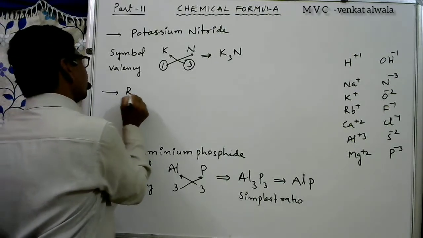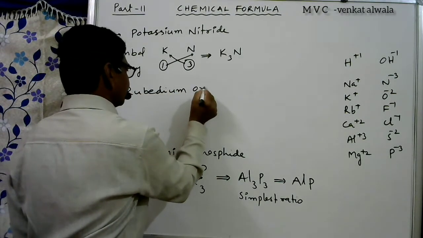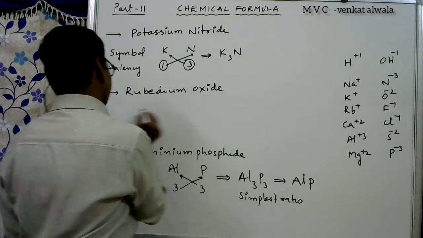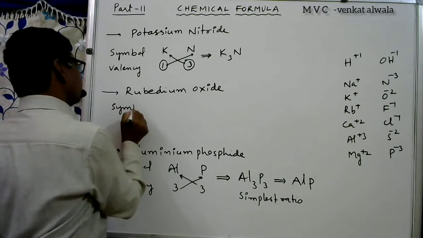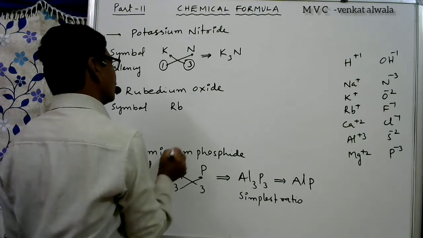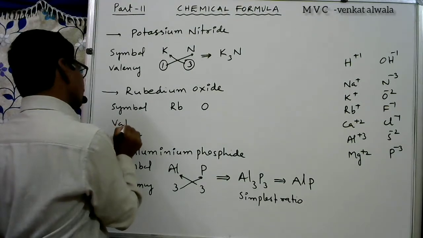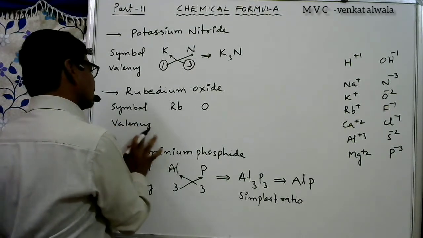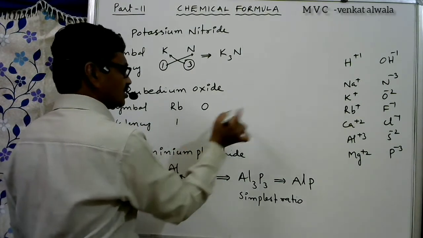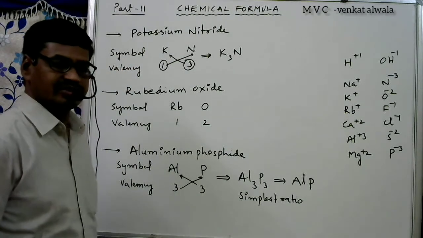Then rubidium oxide, if you take. Here I am taking rubidium oxide. Symbol for rubidium is Rb. It is a first group element, and oxide means oxygen. So valency of these two: valency of rubidium is 1, valency of oxygen is 2, because with atomic number 8, 8 electrons are present.